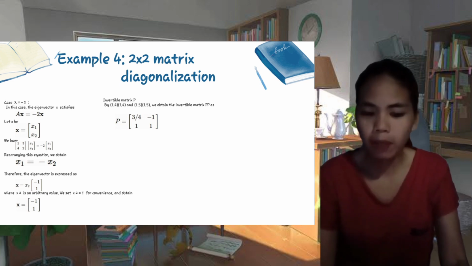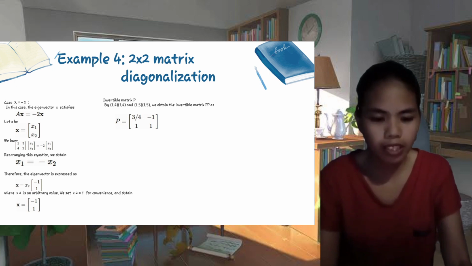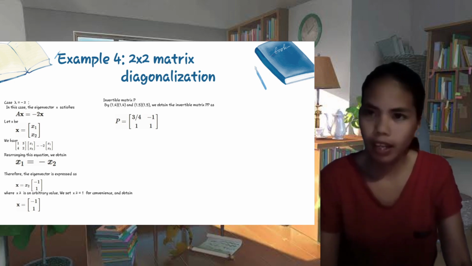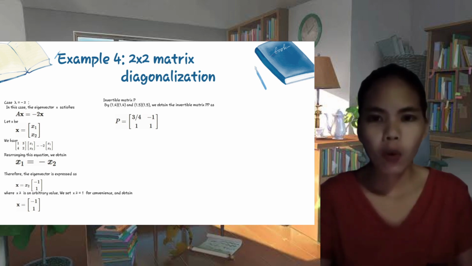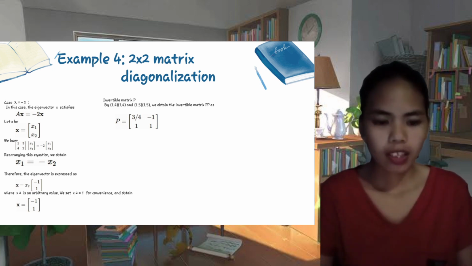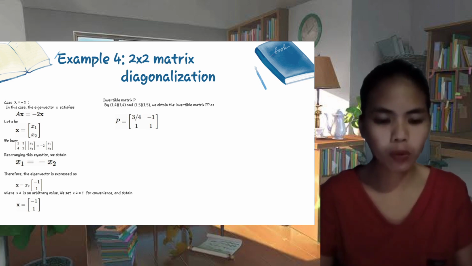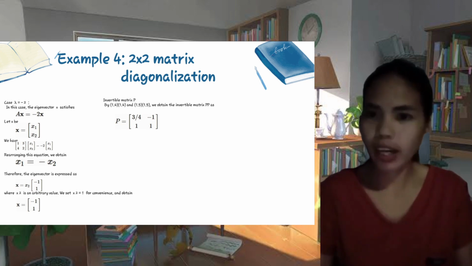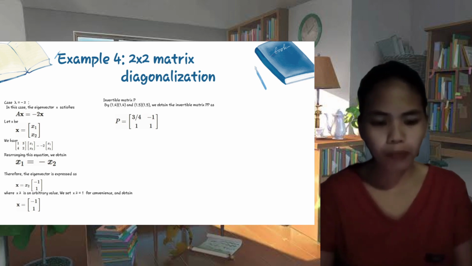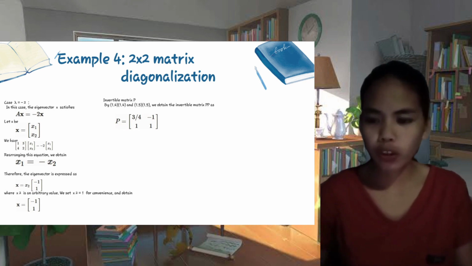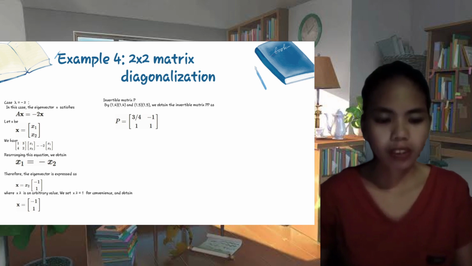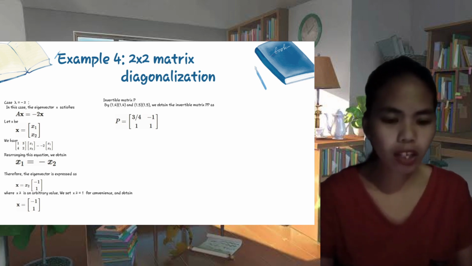Let x be x equals [x1, x2]. We have [1, 4; 3, 2] times [x1, x2] equals 5 times [x1, x2]. Rearranging this equation, we obtain x1 equals 3/4 x2.